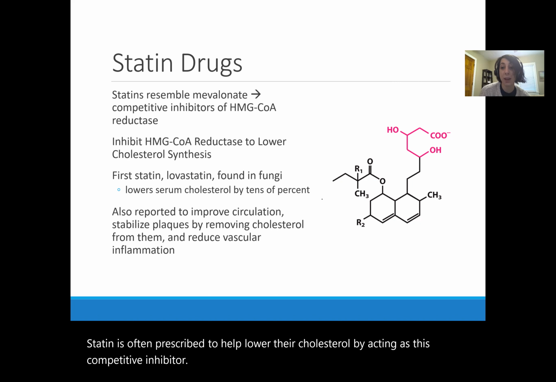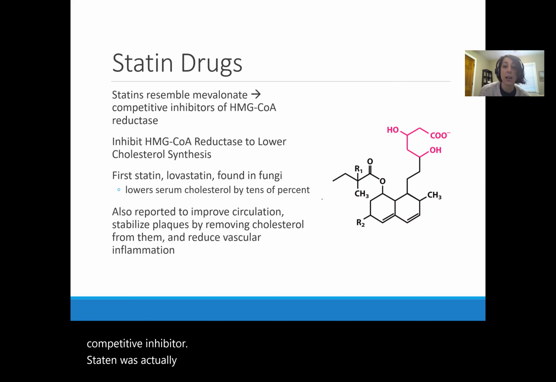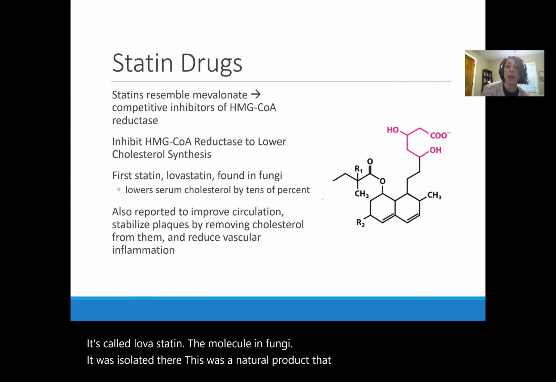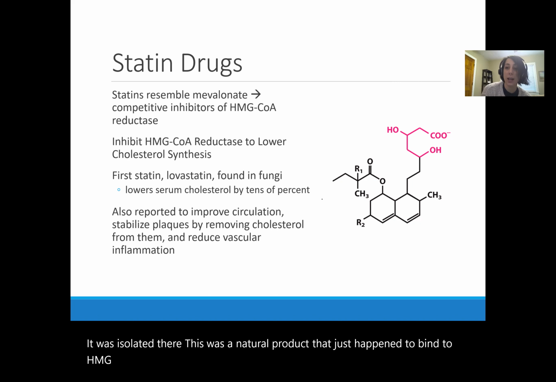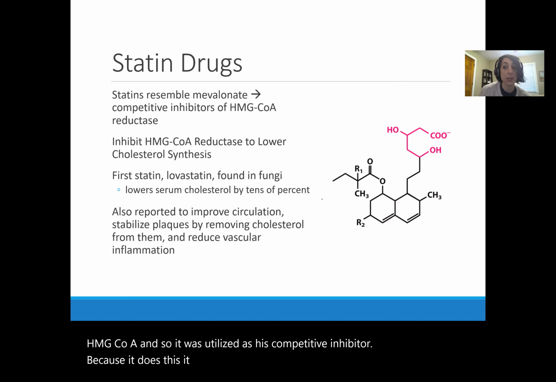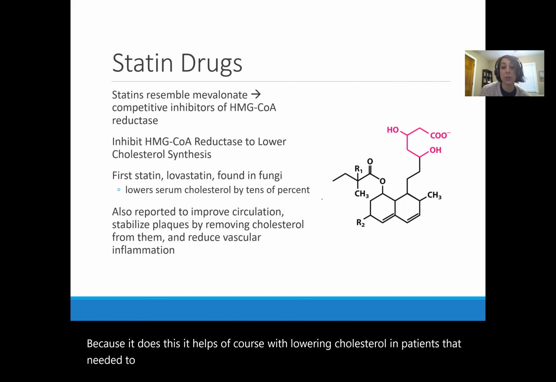Statin was actually found first, it's called lovastatin, the molecule, in fungi. It was isolated there. This was a natural product that just happened to bind to HMG-CoA reductase, and so it was utilized as this competitive inhibitor. Because it does this, it helps, of course, with lowering cholesterol in patients that need it to help improve circulation.